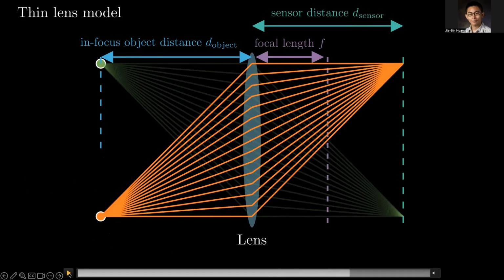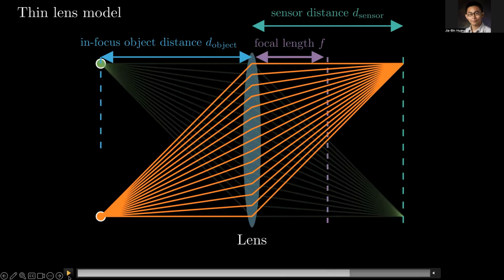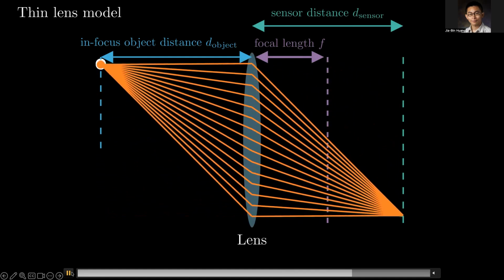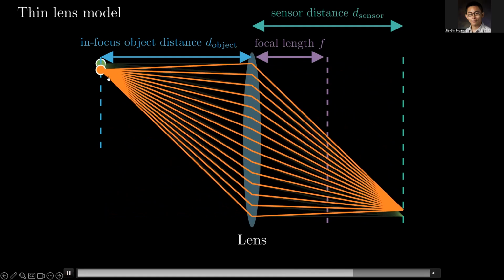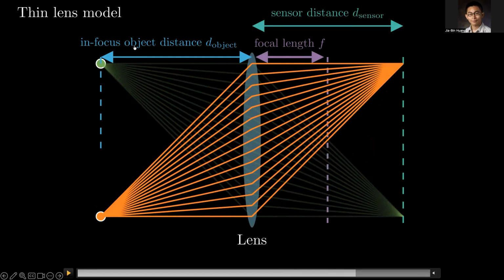Okay, so it seems that we have a completely win-win solution with this lens, but there's something that we actually trade off. It seems that everything is sharp, but it's only sharp for points at this object distance, the in-focus object distance.